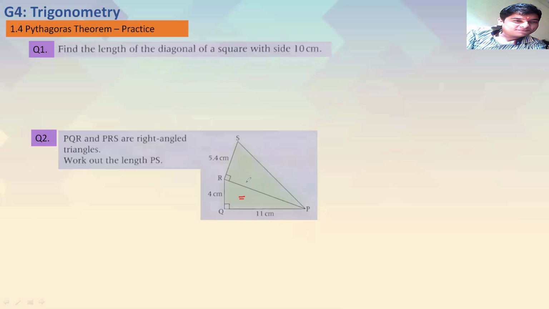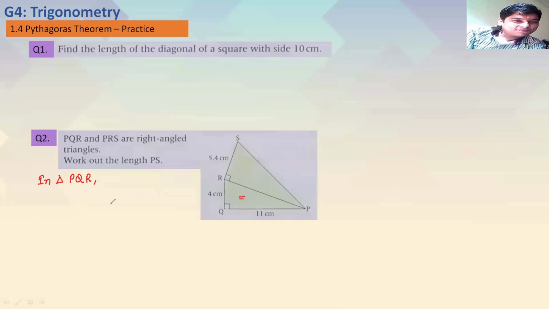So what do we do in this triangle? 4 squared plus 11 squared. I'm just writing it for your reference, so that you understand it better. It's up to you how you want to express it on paper.